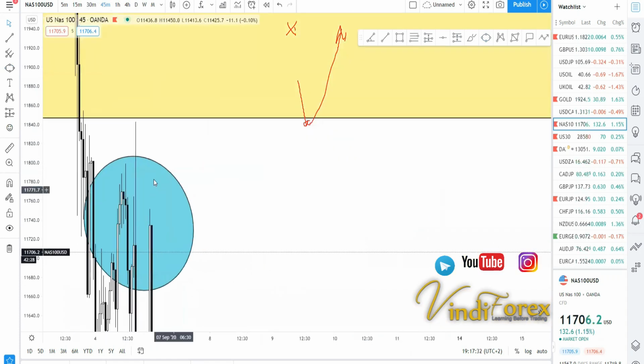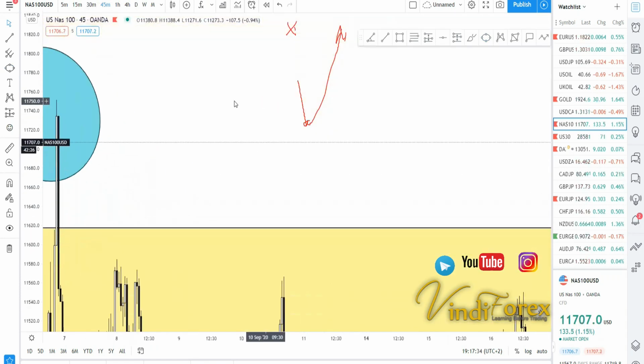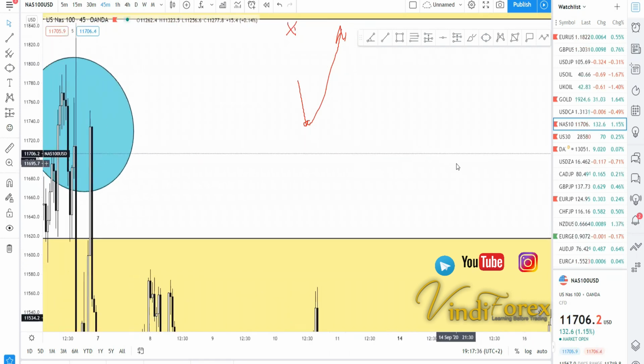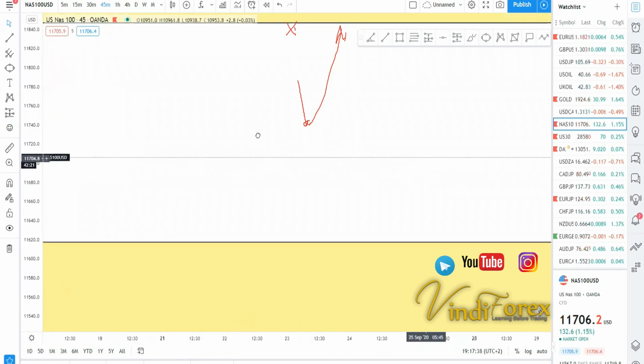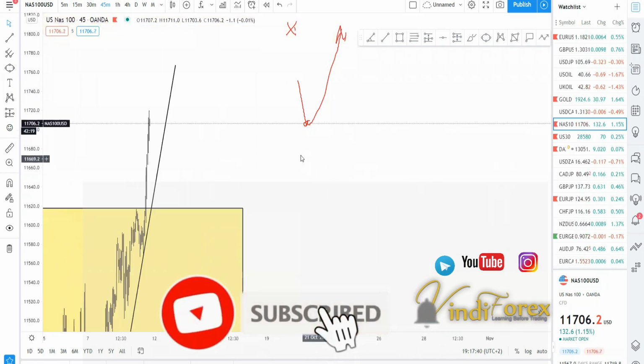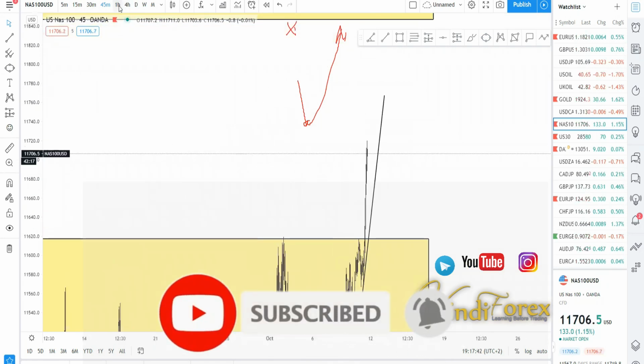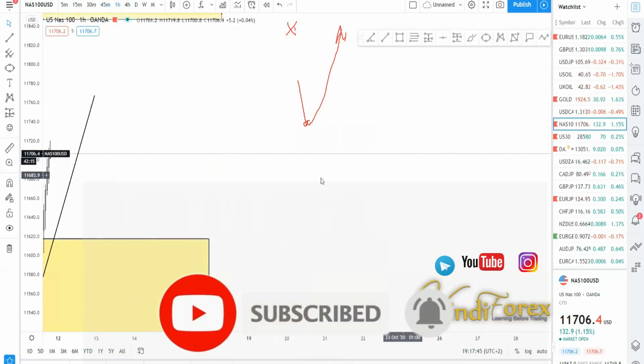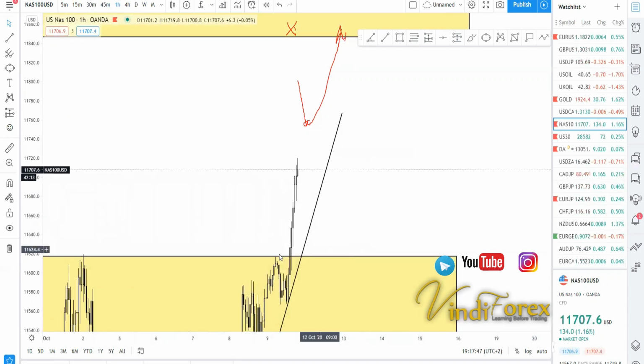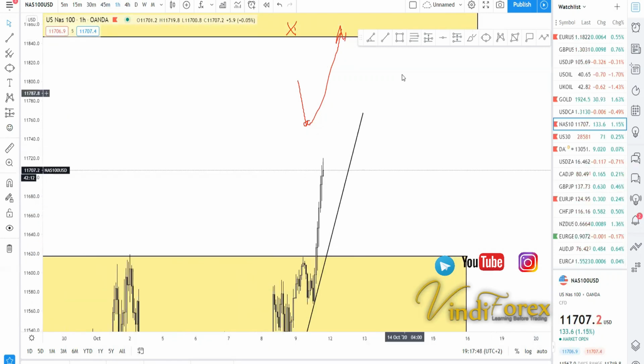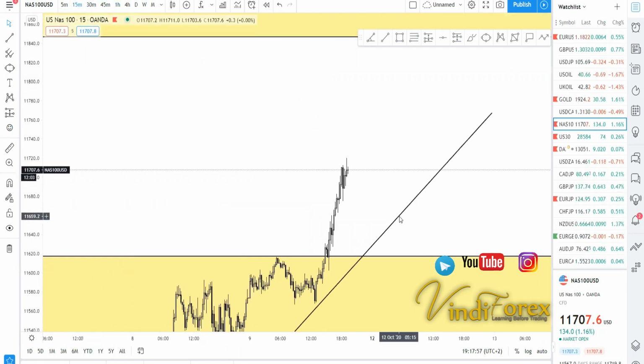Around this I believe there are minor structures where we could potentially see price coming back down very fast. However, now that we're out of this particular range, I'll be looking to buy around this point, just after a correction. So if you are a trend trader, wait for a pullback nicely back to this particular area and then look for opportunities to buy. It's as simple as that.